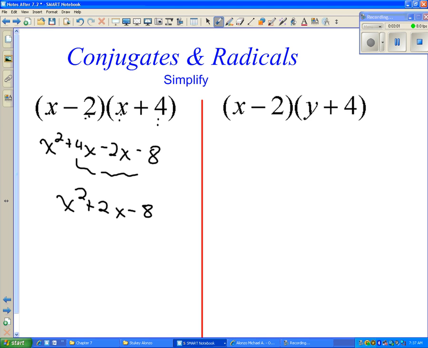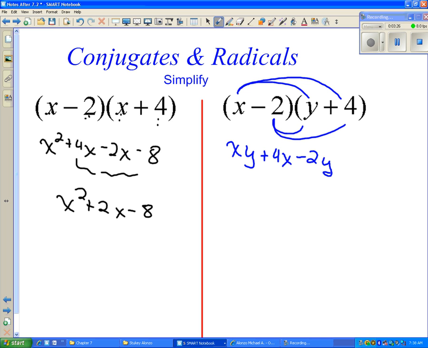Just remembering how to FOIL, and that's how I FOILed when I had numbers. What happens when I have different variables in here? What does that look like? Well, I'm going to do this one a little slower. First, x times y is xy. Outer, x times 4 is 4x. Inner, negative 2 times y is negative 2y.